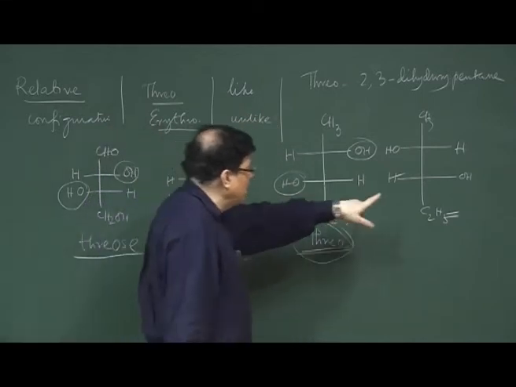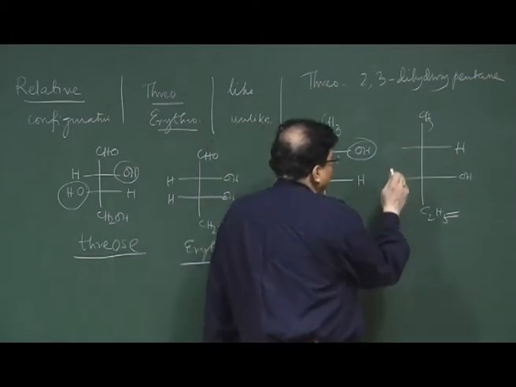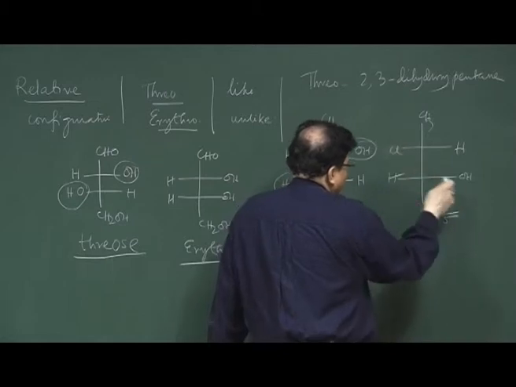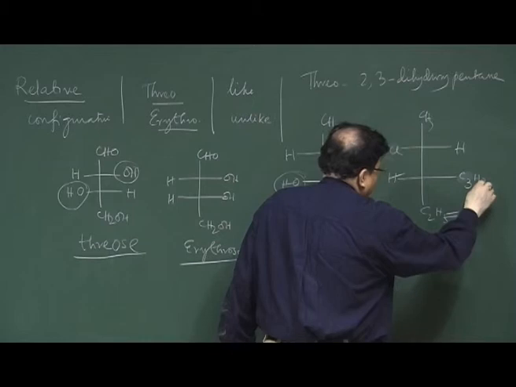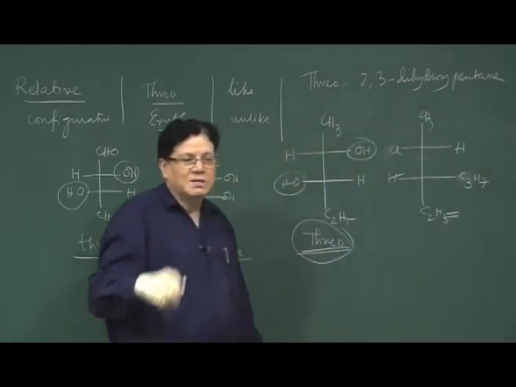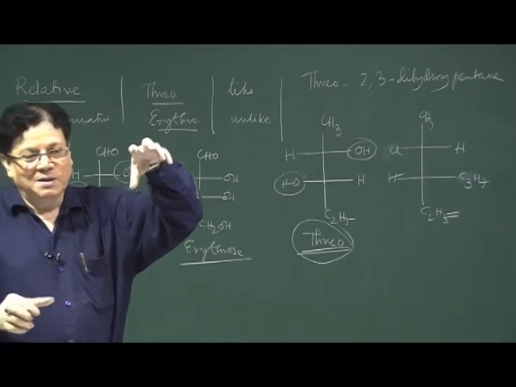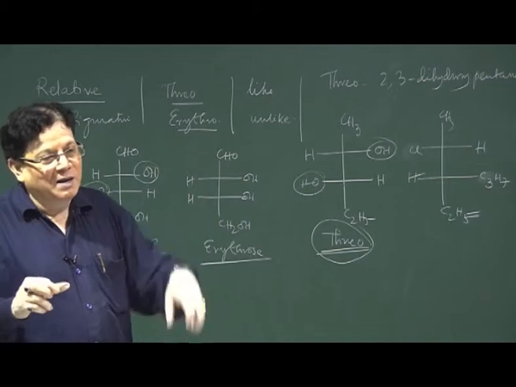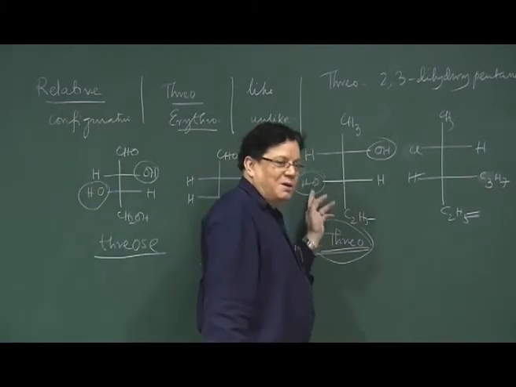The problem with this threo-erythro is that if you do not have this OH, suppose you have some other group, say this is chlorine and suppose this is C3H7, then which one is threo, which one is erythro? That is a problem. Unless you have heteroatoms like OHs or two chlorines, that is still okay, but threo-erythro is mainly applicable for these OHs.